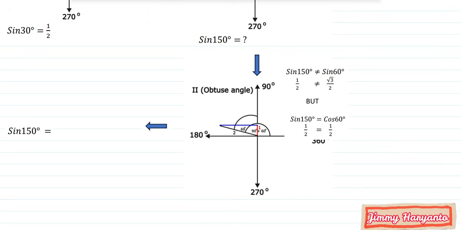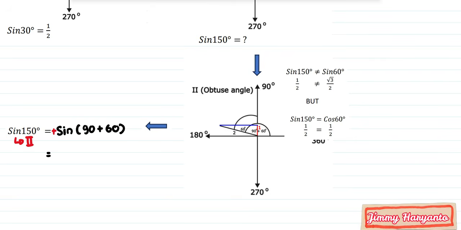You write down the question first, sine 150. Then because we use 90 degree as the reference angle, you change the 150 like that. Oh yeah, we forgot to find the sign. The sign of sine 150 in the second quadrant will be positive.